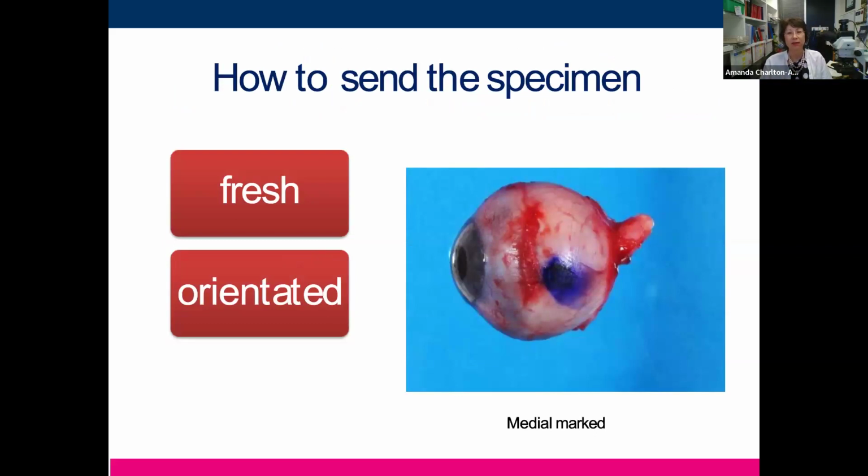Countdown, 3, 2, 1, return. Yes, because of genetic testing. I need to scoop out a fresh bit. And orientation is important because I like to cut it in the correct direction, and once you send it, it's really not quite how it looks like in the radiology.